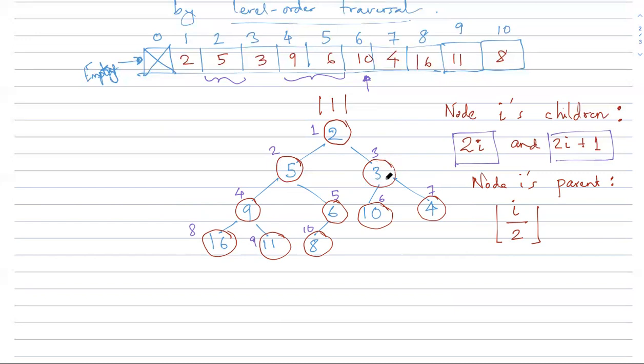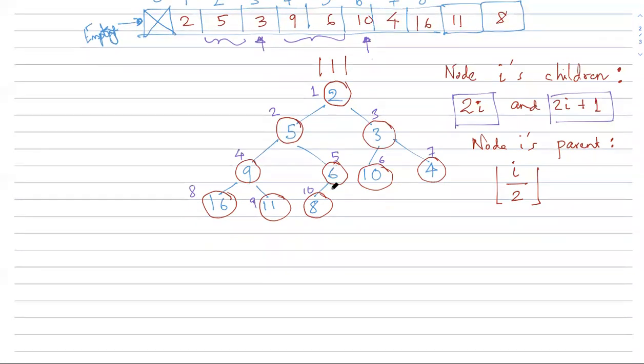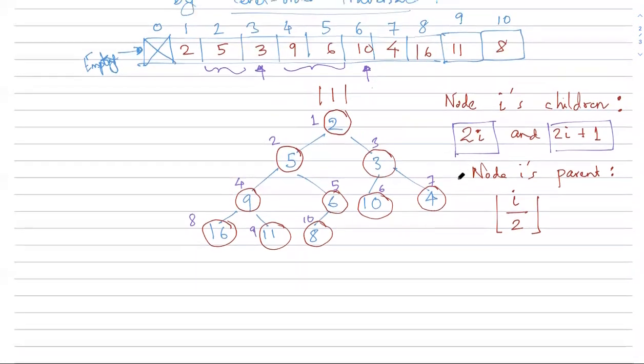So the parent is directly obtainable from here. In this way, you can see that just by applying this simple arithmetic over the indices, you are able to traverse through the tree.